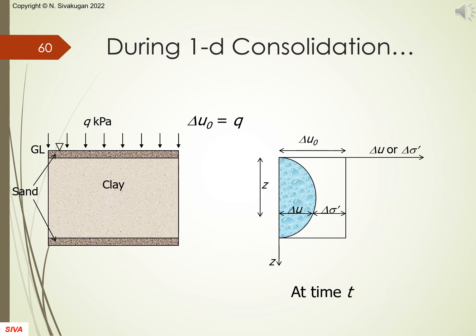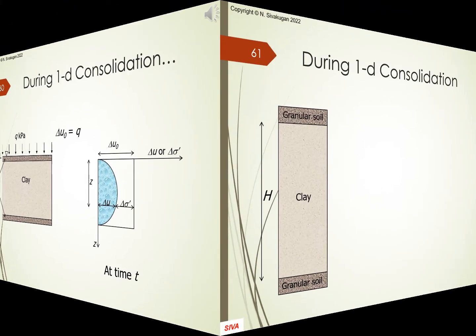At time t, the variations of the remaining excess pore water pressure and the dissipated excess pore water pressure with depth are shown here. At all times, and at all depths, the constant initial excess pore water pressure, Δu0, is shared between the dissipated and undissipated excess pore water pressures.